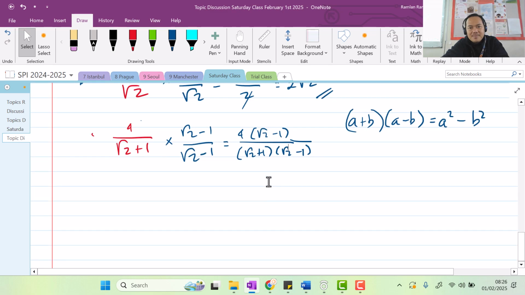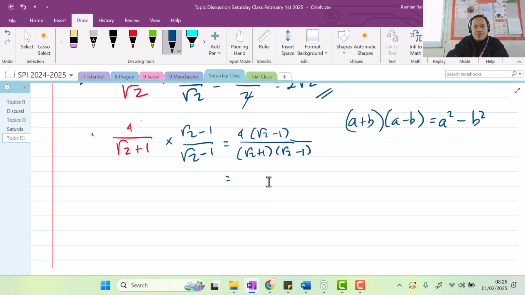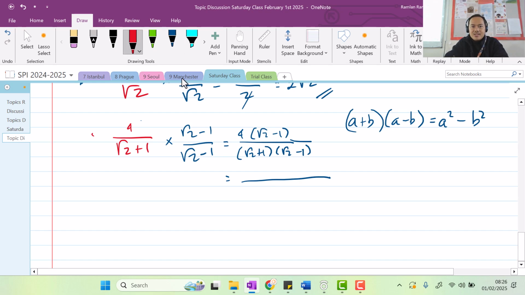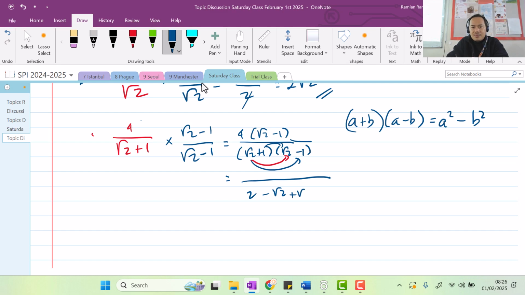I'm going to expand the bracket on the denominator first. Square root of 2 times square root of 2 is just 2. Square root of 2 times negative 1 is minus square root of 2. 1 times square root of 2 is plus square root of 2. And 1 times minus 1 is minus 1. Right? The top, I'll just write it as is for now: 4 bracket square root of 2 minus 1.